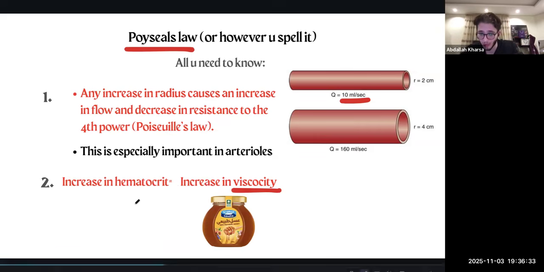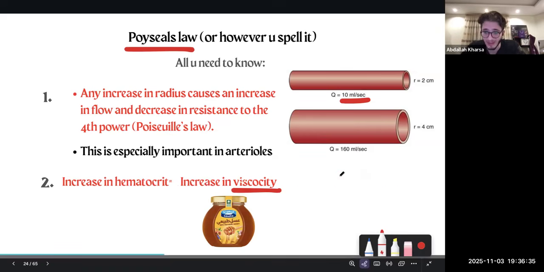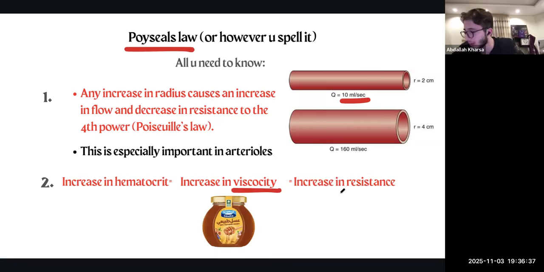You're increasing the viscosity, so this is going to increase resistance. Logically, if I pour water or if I pour honey, which one moves faster? The water, because the honey has a higher viscosity. So when you increase the hematocrit content of the blood, it's going to have a higher resistance and flow slower. Is this clear to you guys? Then move on.